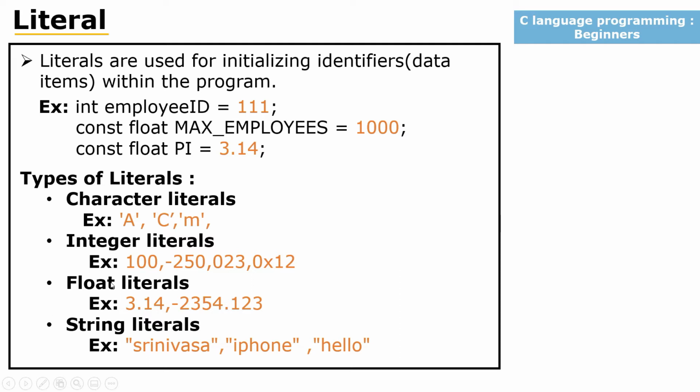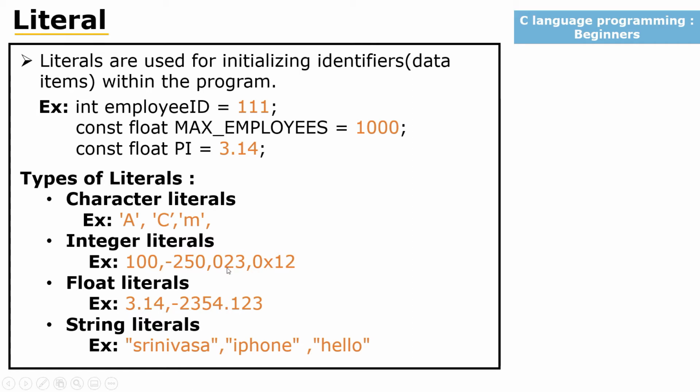If the number does not begin with 0 like this, or with 0x like this, we can see here these two numbers do not begin with 0 or 0x. Then these two integer values will come under the first one, which is decimal literal.